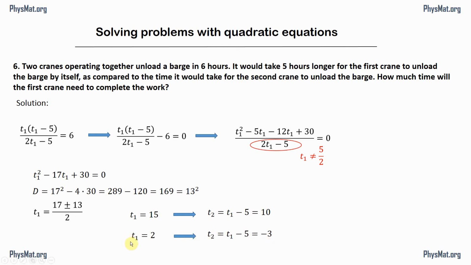So therefore, this second solution, t1 equal to 2, has no physical meaning, and we only have one solution here: t1 is equal to 15 hours, or the time needed for the first crane to complete the work is 15 hours. So that's our final answer. Problem solved.